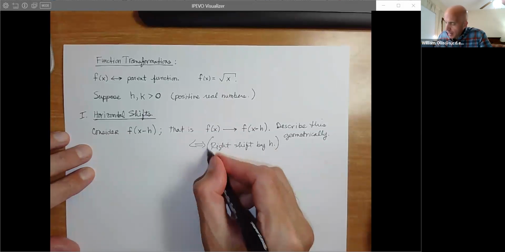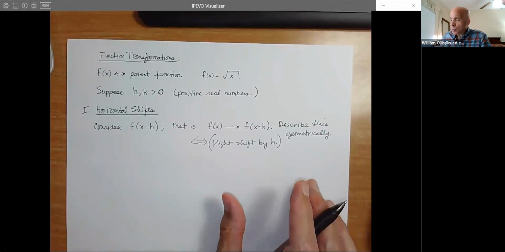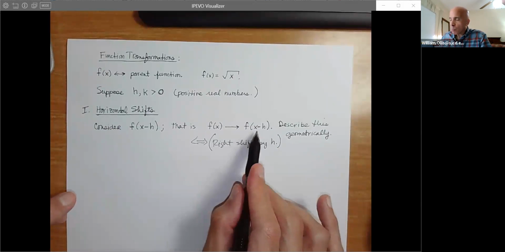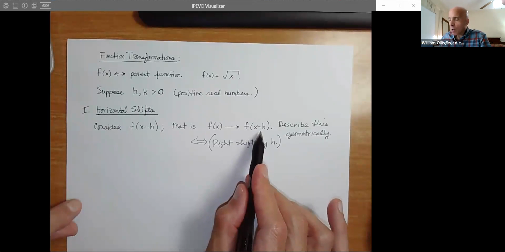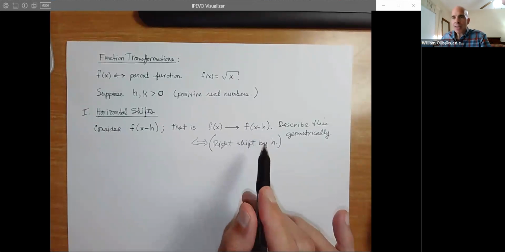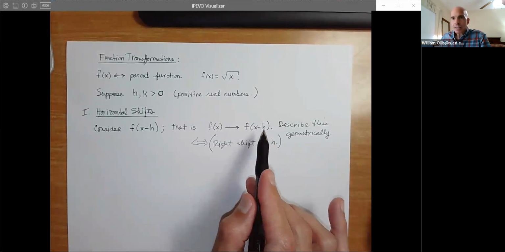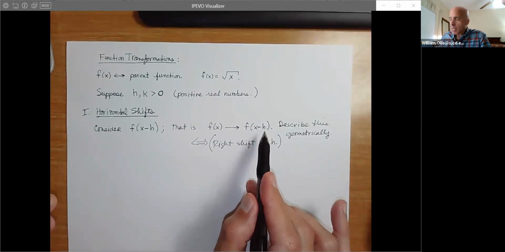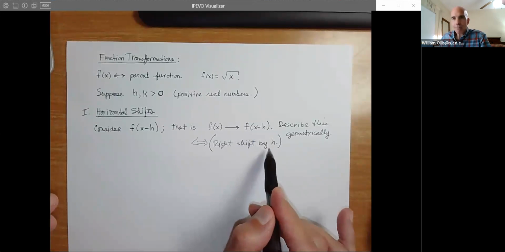In the previous class, I made the allusion to the shift, but I want you to think of what this actually means and how we can come up with the idea that it does actually mean that we have shifted the graph to the right by h.